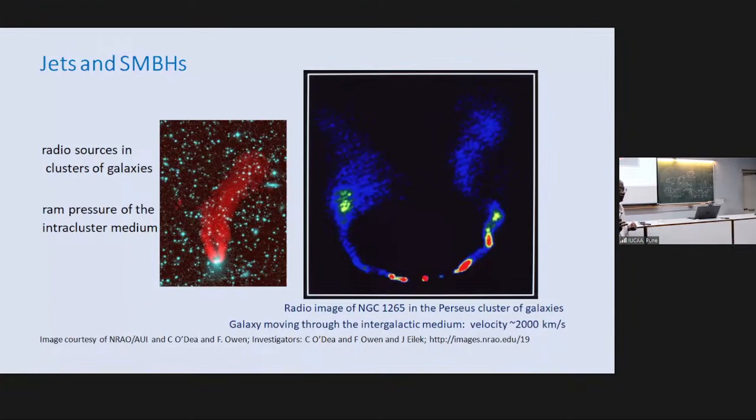About 20-30% is actually the medium between the galaxies, called the intracluster medium, and about 80% is actually dark matter, which we don't know anything about, but which exerts a gravitational influence. But these galaxies are not isolated. They're in groups, and because of the gravitational influence, they're moving about with high velocities, which in very rich clusters can be thousands of kilometers per second.